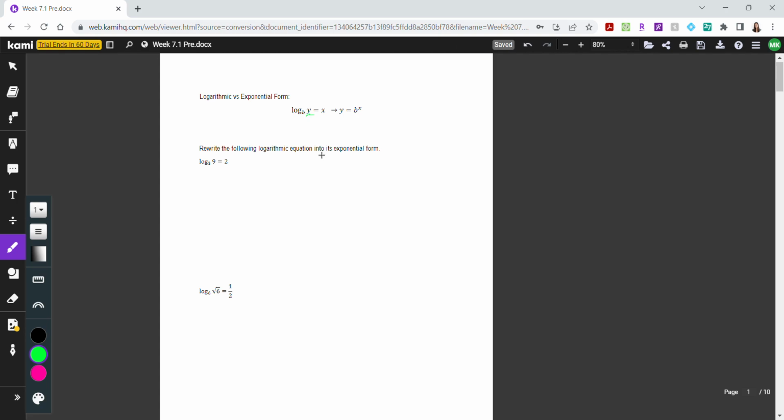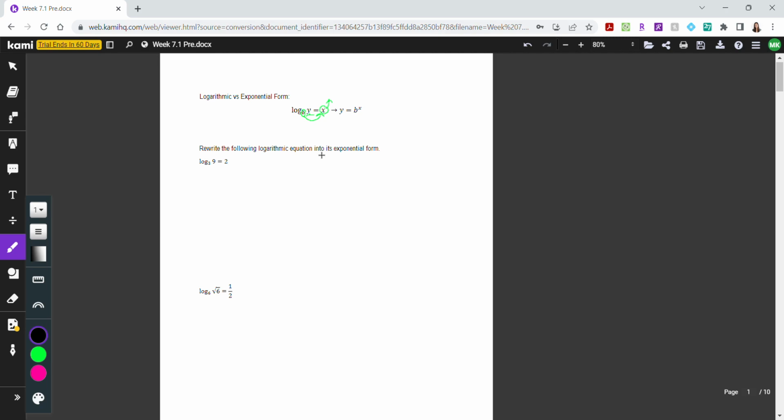It's going to stay in the same place as it is. b is going to get bumped up to the other side of the equation, and x will get bumped up to become the exponent.